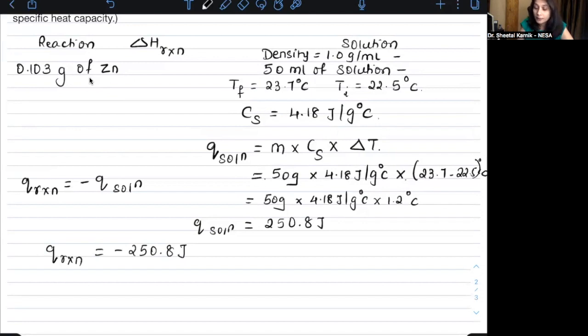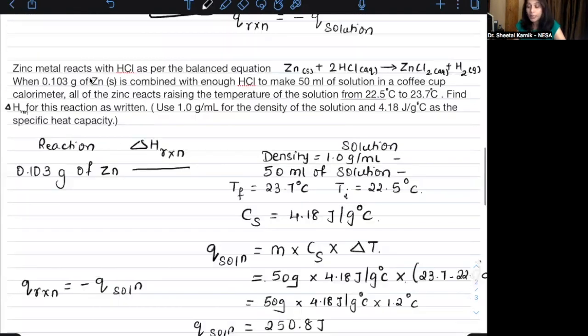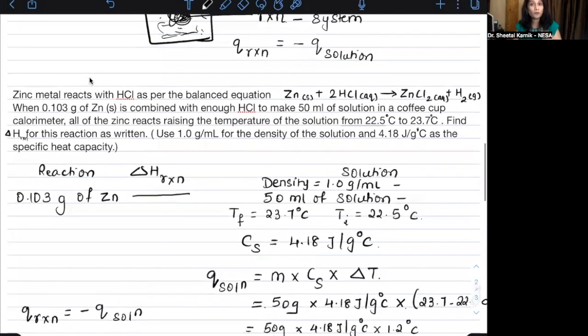But what are they asking me? They're asking me what is the delta H of the reaction. When they're asking you questions on calculating the delta H of the reactions, it is implied that you are looking at the reaction and you are informing how much amount of heat is required for this particular reaction in play. And in this case, for this reaction, when it comes to zinc, I'm looking at 1 mole of zinc.